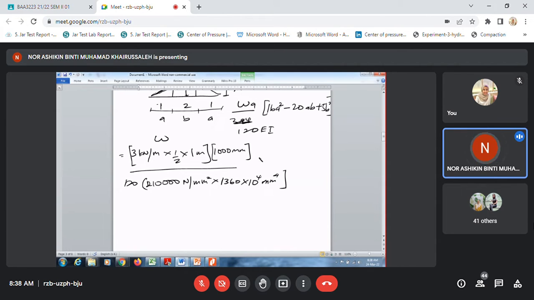And then times 16A squared, A is 1 meter, minus 20A times B plus 5B squared.